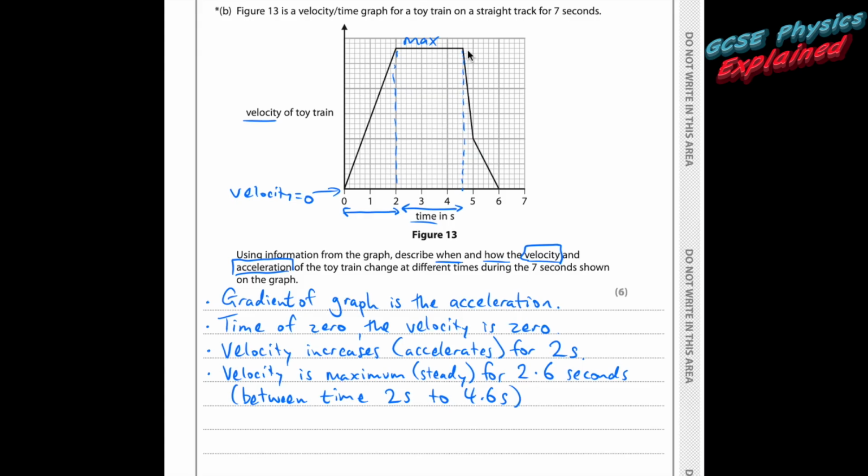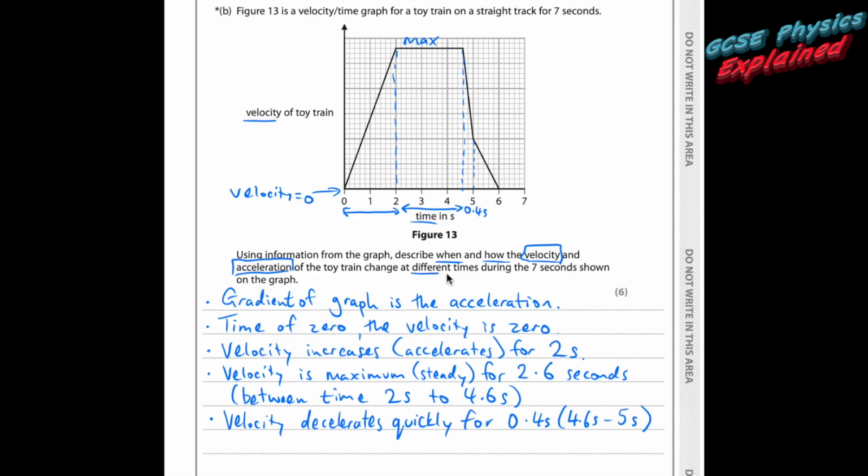Right, then the velocity decreases quickly for 0.4 seconds. So the velocity decelerates quickly for 0.4 seconds, and that was from 4.6 seconds up to 5 seconds.